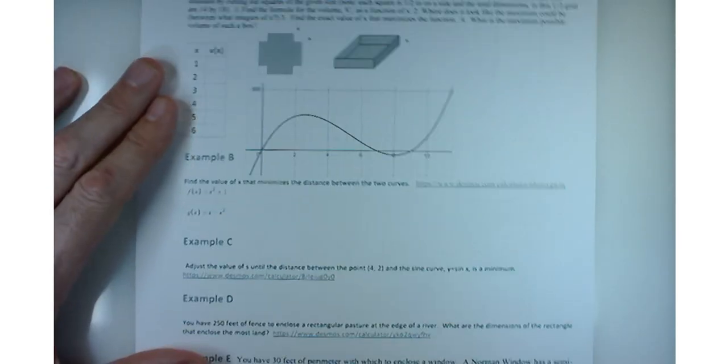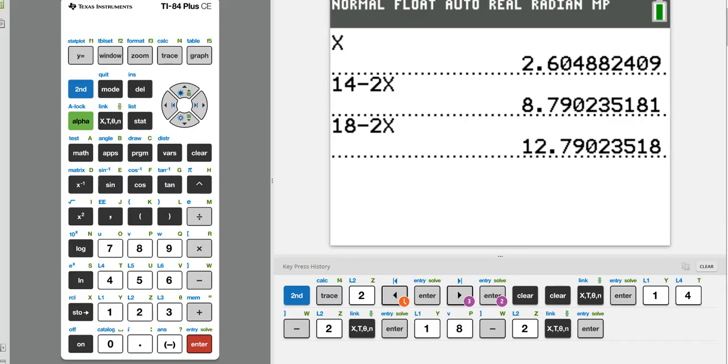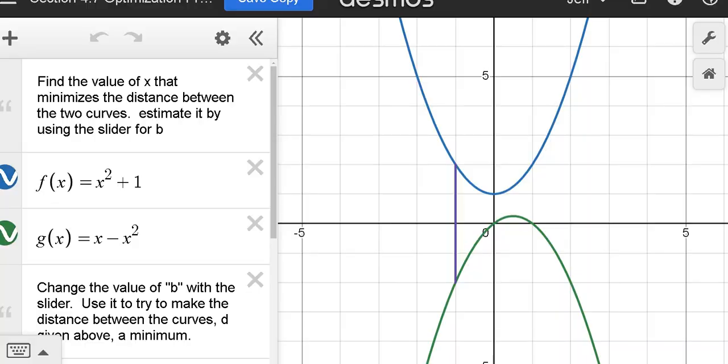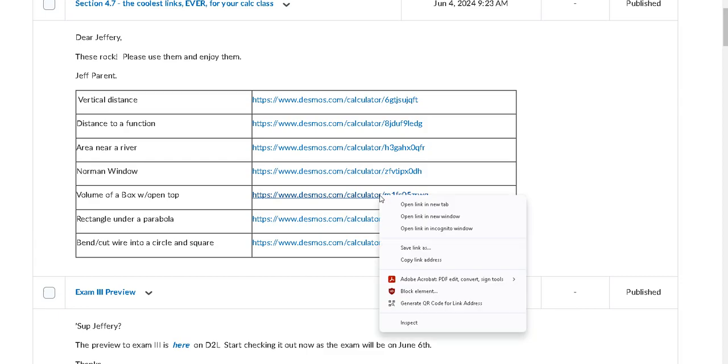Move on down to example B. And I've got links for all these things. So if we look at the link for the first one, where is it? That's not it. Where did that one go? All right, vertical distance, line of box.